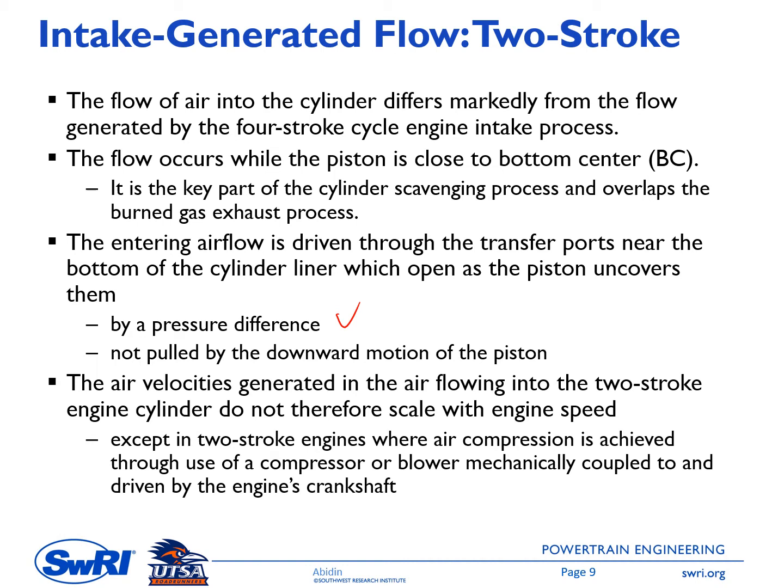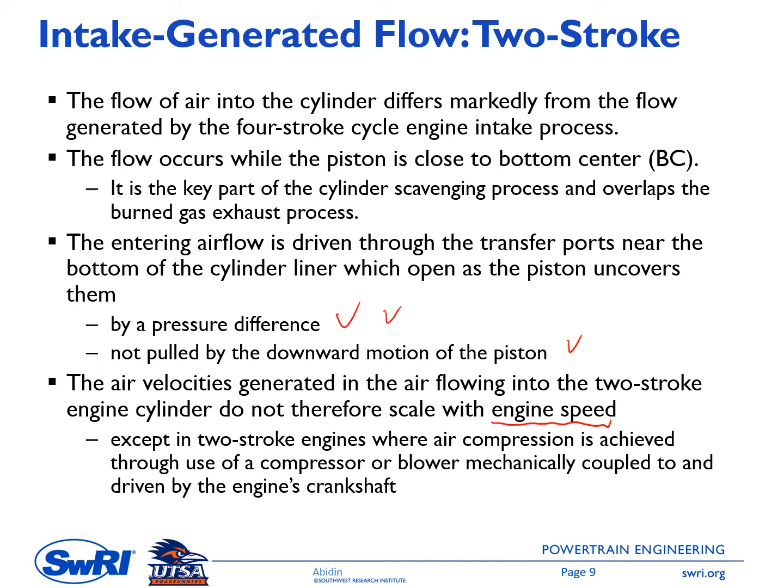And this entering airflow is almost not pulled by the downward motion of the piston, okay? So the velocity generated in the air flowing into the two-stroke engine does not scale with the engine speed. It scales with the pressure difference.